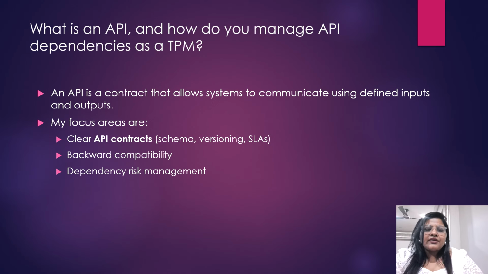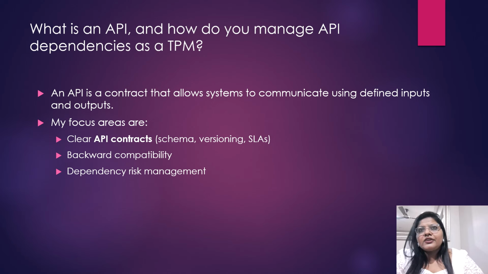So my focus areas are always that the API contracts are clear and frozen, because a change later in the cycle would definitely cause a lot of rework for the same development. Which schema, which versioning are we using? Is it version 1.2, 2.1, whatever it is? What is the SLA? If I'm connecting to an API, there has to be an SLA by which it has to respond back to me, right?